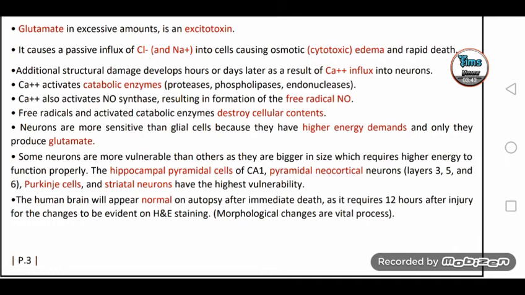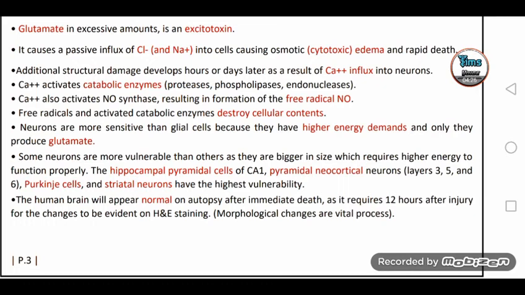Some neurons are more vulnerable than others as they are bigger in size, which requires higher energy. Remember when we said that the neurons are the most vulnerable cells in the central nervous system. Yes, there are variations between neurons. So bigger neurons need more energy, so with any slight depletion or decrease in energy, they are going to be more vulnerable to get injured.